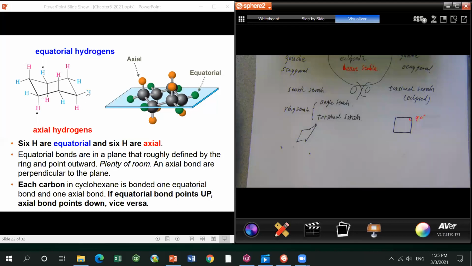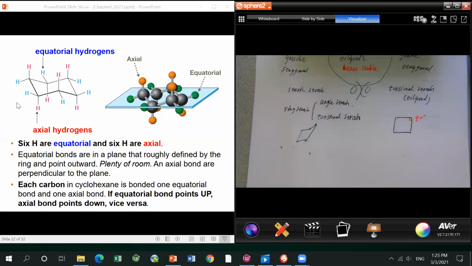You can see this one and this one going up, and this one and this one going down. For the axial, same thing, three going up, three going down. Later we will learn how to draw it, so don't worry about it. So far you just keep in mind.